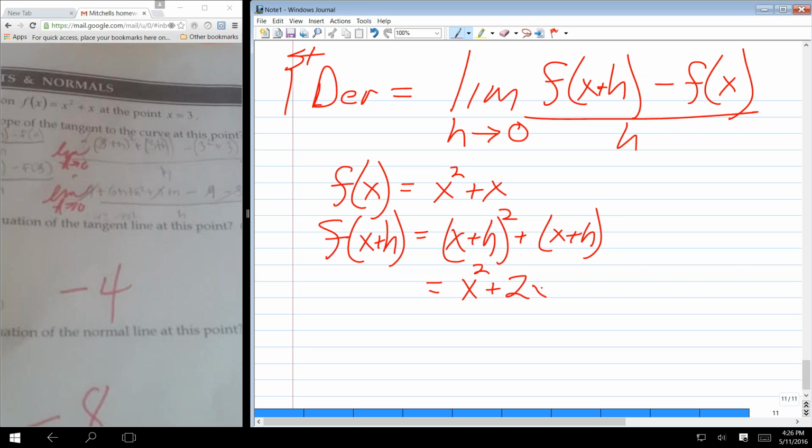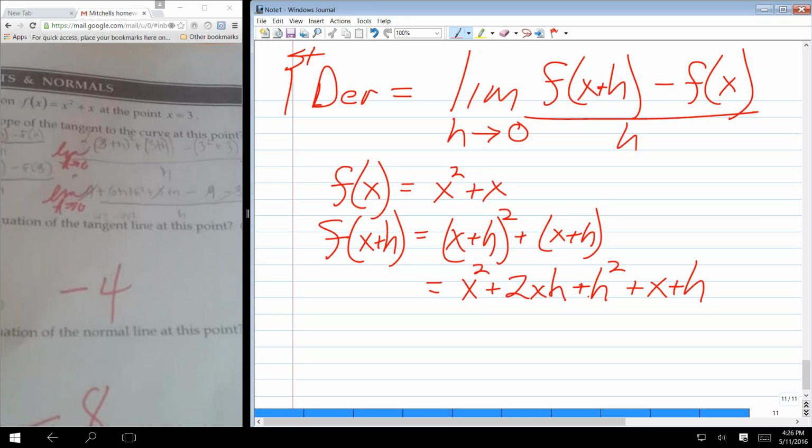This is why I said it's a good thing to have this memorized, because you have to do it so often. If you have to sit and FOIL it and then simplify that, it's going to add 30 seconds every time you need to do an expansion of a binomial term. And that's no good. Okay?